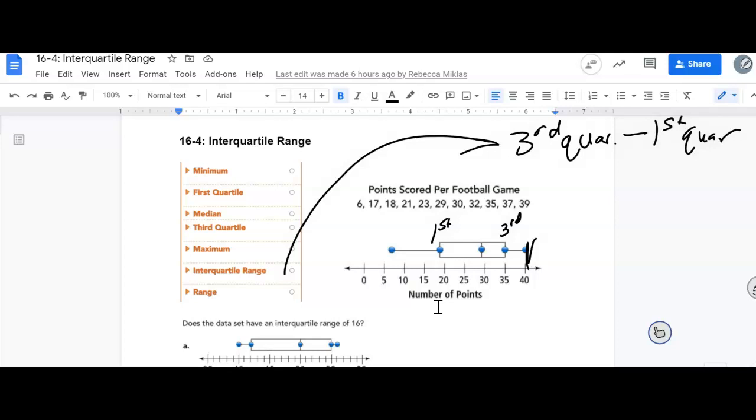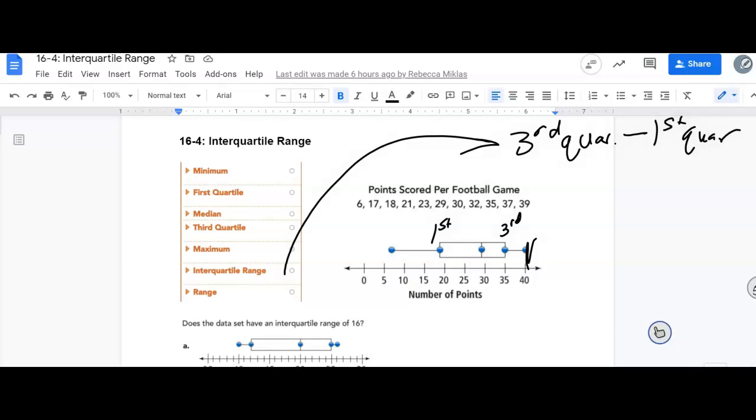Go. So this question is the very last question on the front page. It says, why might the interquartile range be more useful than the range in certain situations? So why might we use the interquartile range instead of the range?